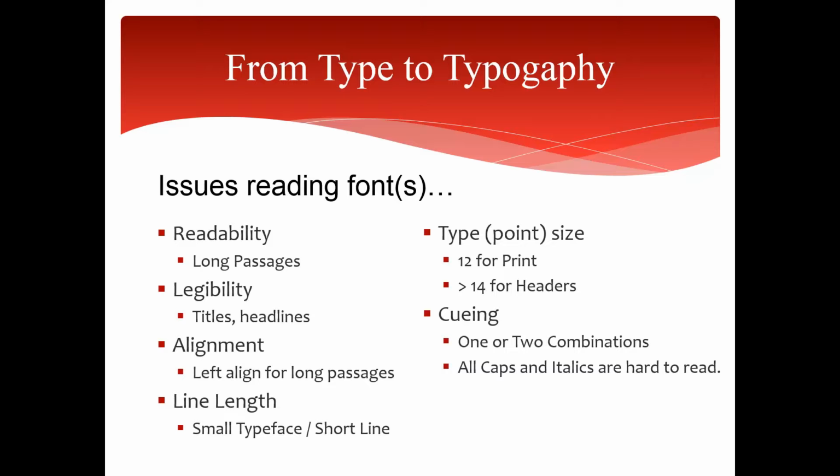The line length has a lot to do with readability. The shorter lines can use smaller typefaces. They typically recommend 12-point for print and 14-point or greater for headers in print. But you can decrease the size of the font if you increase the space between the lines and add more white space. And of course, caps and italics, when you use them all together, are extremely difficult to read, so you usually want to use combinations of the two, upper and lower case.